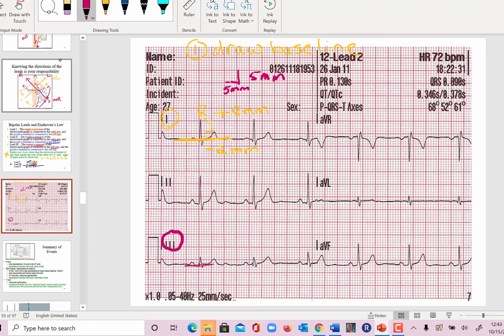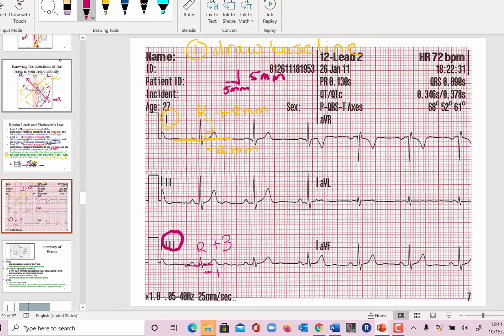And here I can see an upward deflection for my R of about 1, 2, 3, maybe a +3. And then for my downward deflection, maybe a -1. -1 for my downward S deflection.